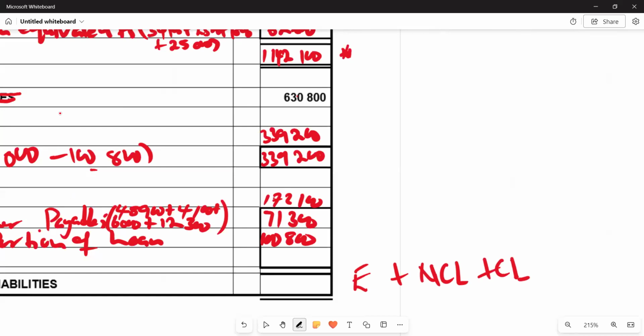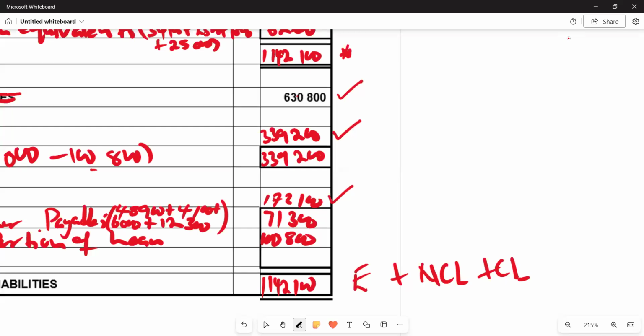So basically, we are adding 630,800 plus 339,200 plus 172,100. The answer that we are supposed to get here is 1,142,100. So this is the second balancing figure, which we see being equal to the figure for total assets.